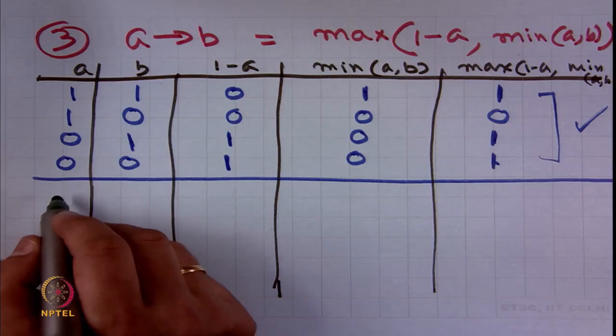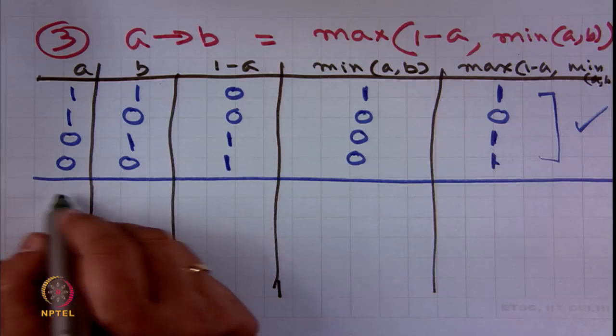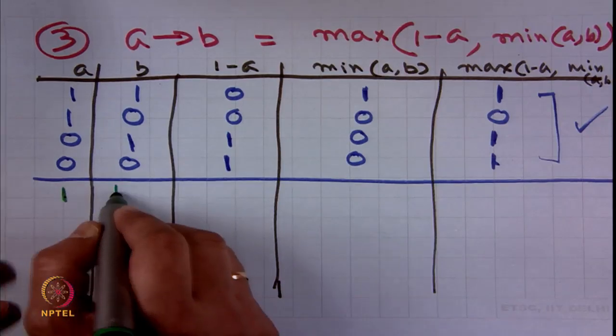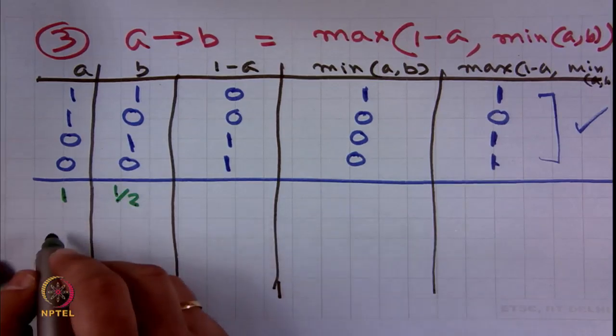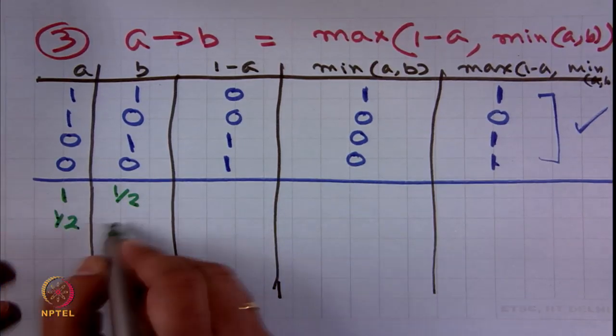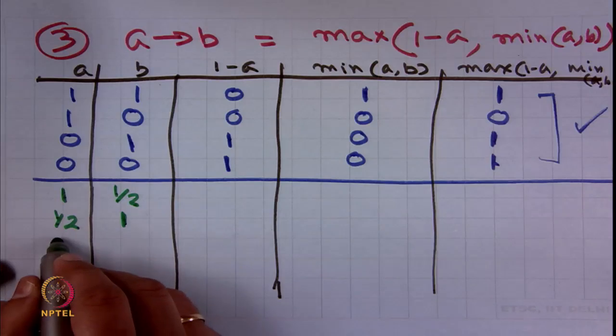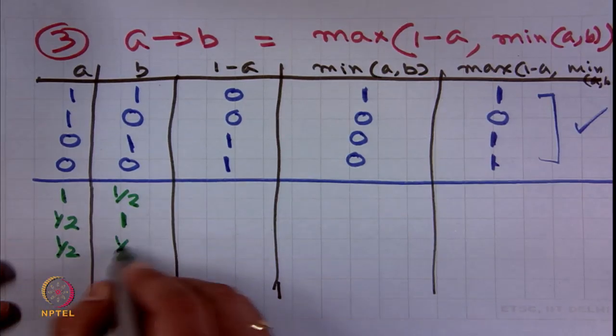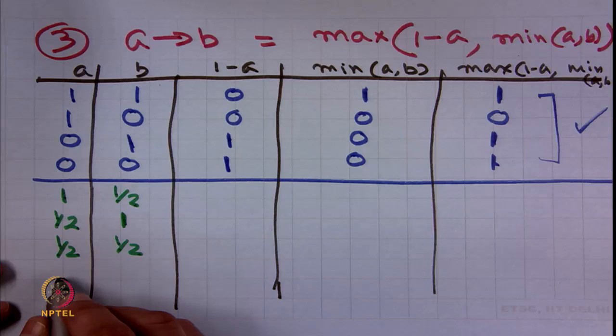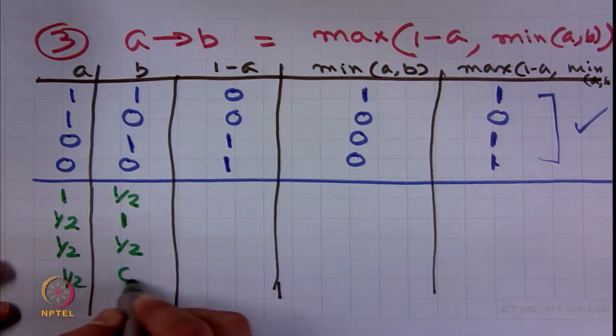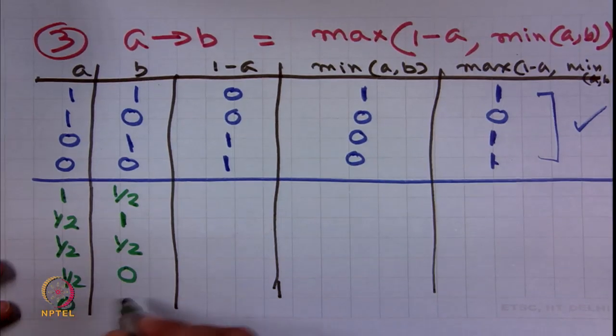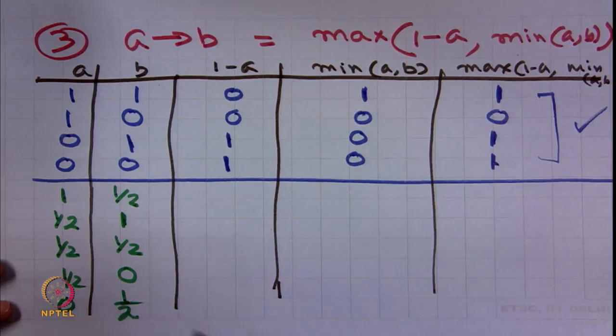So, we get the same set of values. Now, we can extend it for the 5 pairs: 1, half; half, 1; half, half; half, 0; and 0, half.